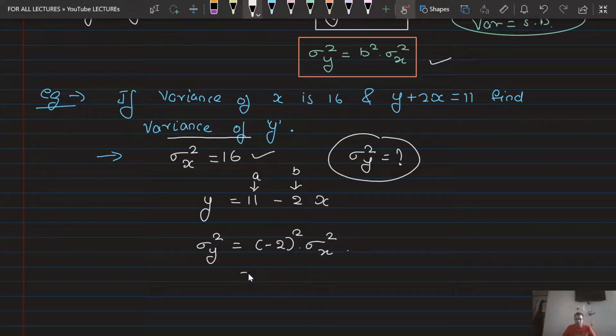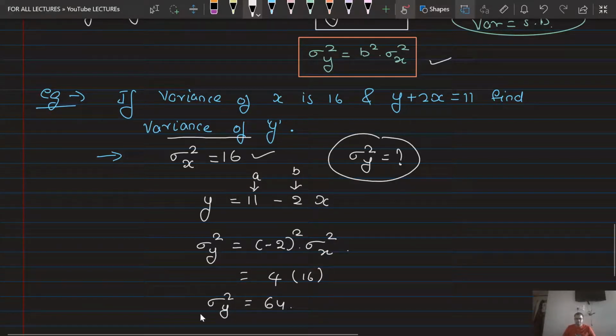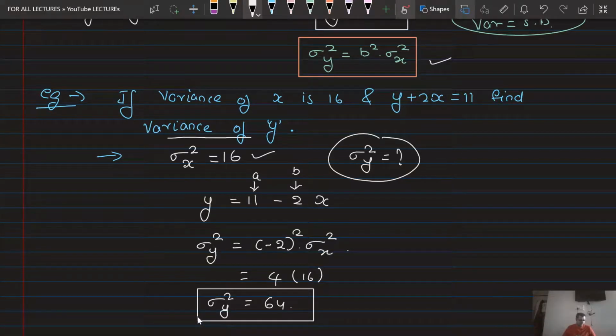What is this? This is going to become 4. What is this? This is 16. So 4 times 16 is 64. So sigma square y is 64. What can be more easy than that? Tell me. Have you understood this?